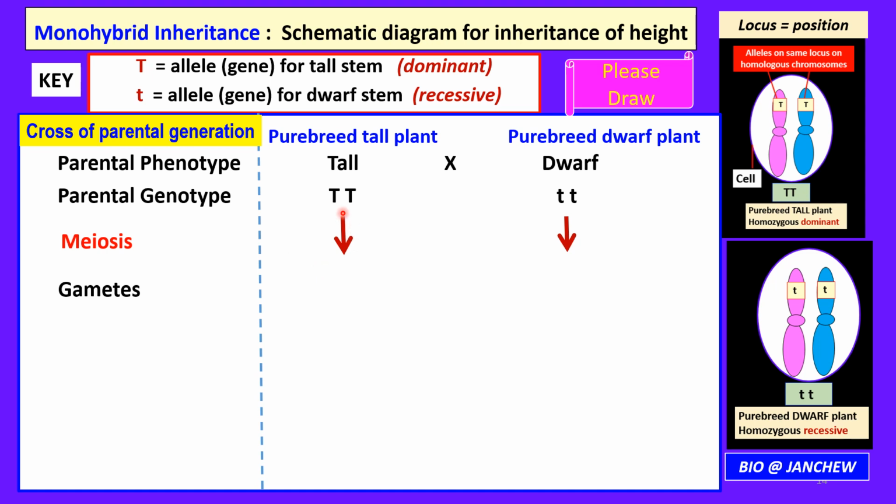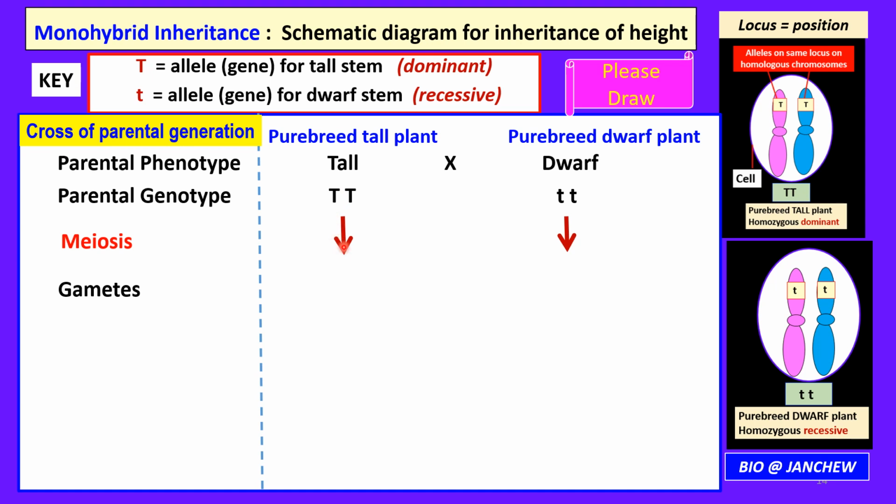Is it still two? No, because during meiosis, in anaphase 1, homologous chromosomes will separate from each other and move to different poles. So they will take the alleles along with them, and at the end of meiosis, each daughter cell or gamete has only one allele.